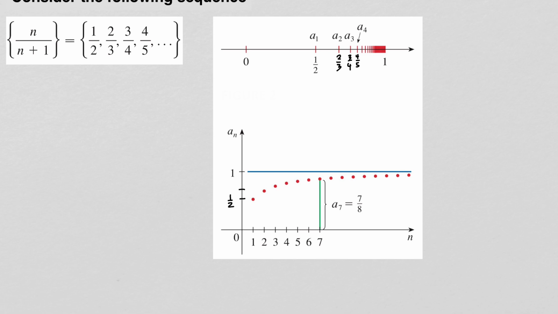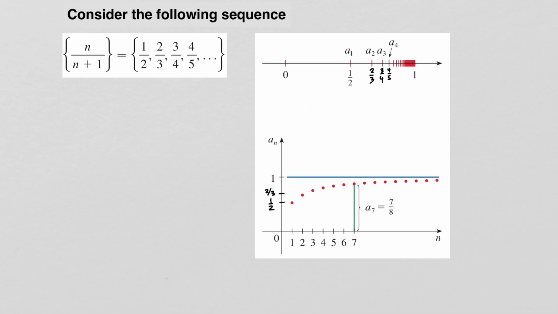So this value on the y-axis would correspond to 2/3, etc. And you can see that as you plug in larger and larger values of n, the sequence values do appear to be getting closer and closer to this horizontal line, which is at 1. And so it would seem that the values of the sequence, or the terms of the sequence, are converging. They're getting closer to 1 as n gets larger and larger. And so what we're talking about here is the limit of a sequence.